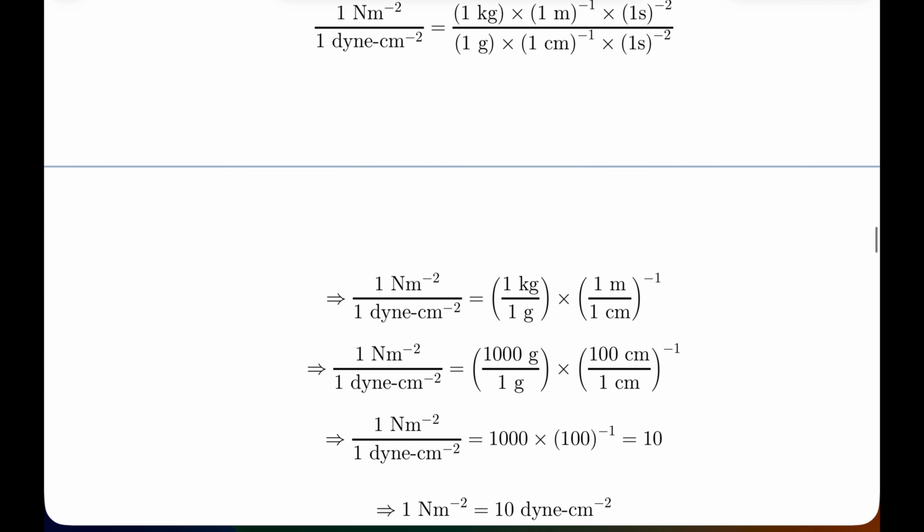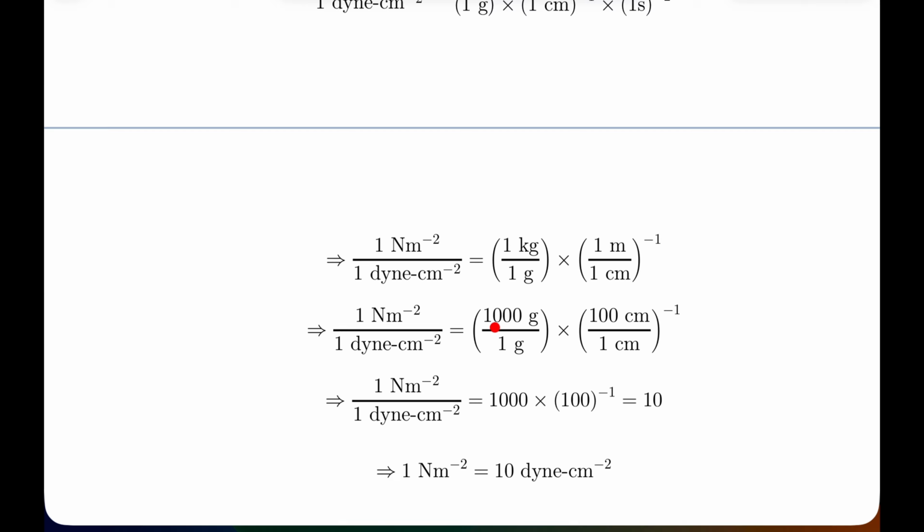1 kilogram is 1000 gram. So this is 1000 gram by 1 gram. 1 meter is 100 centimeters. So this is 100 centimeter upon 1 centimeter to the power minus 1. So gram cancels out, centimeter cancels out. So this gives you 1000 and this gives you 100 to the power minus 1.